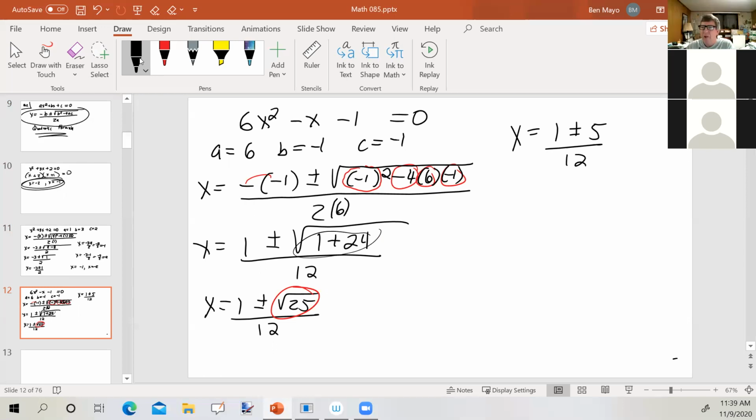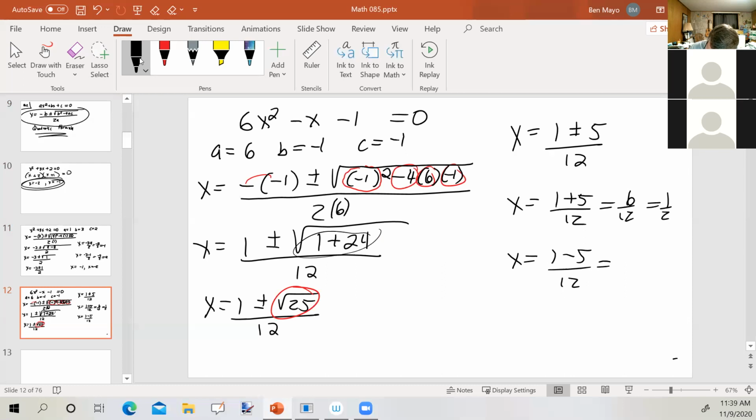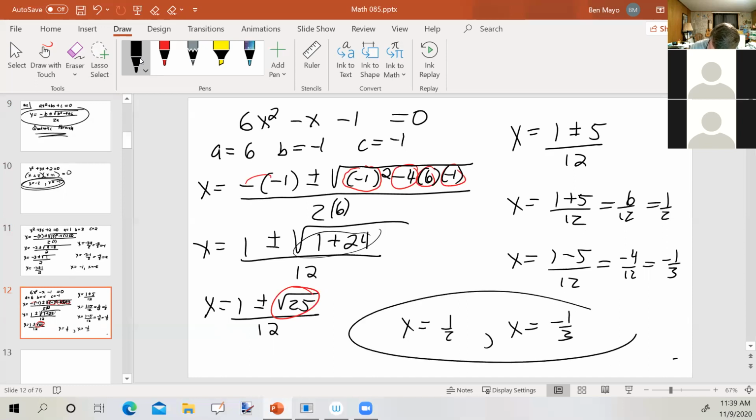So now that I've gotten it simplified as much as I can, I'm going to take it and write it as two separate answers, the plus and the minus. So this is 6/12 or 1/2. This is -4/12 or -1/3. So x equals 1/2 and x equals -1/3 would be the two solutions. Any questions about that?